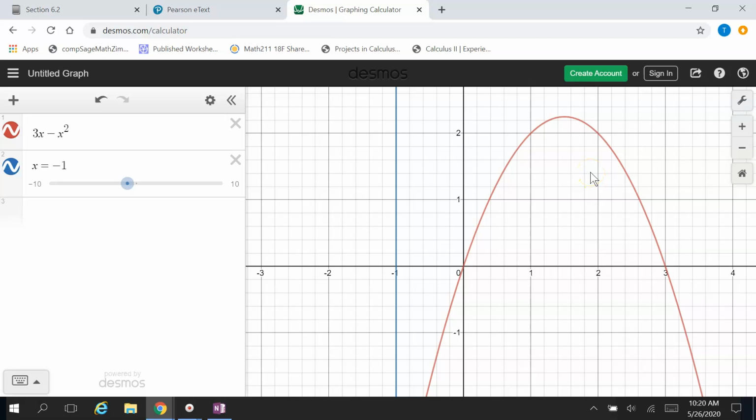So if we were to try to do the washer method, right, we could not do the disk method because the area is not bordering the axis of rotation. If we tried to do the washer method, we would have a problem. The problem would be that we're revolving it around a vertical line, so we're integrating along the y-axis, which means that your washers are going to have an outside radius and an inside radius.